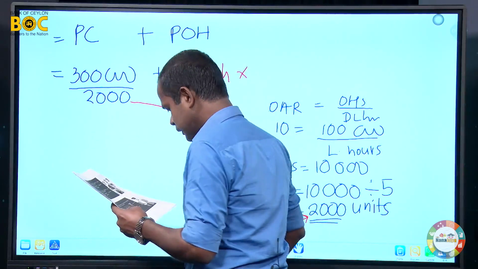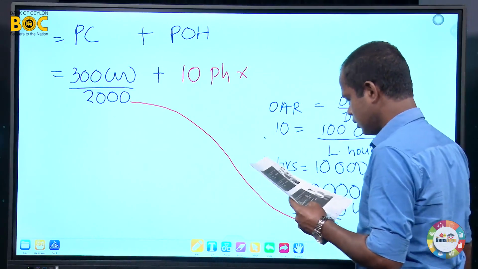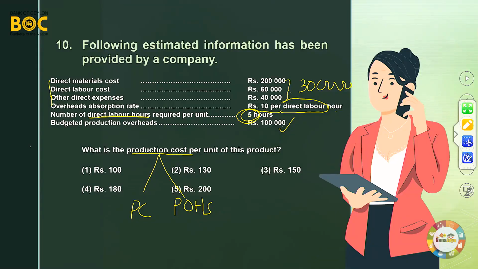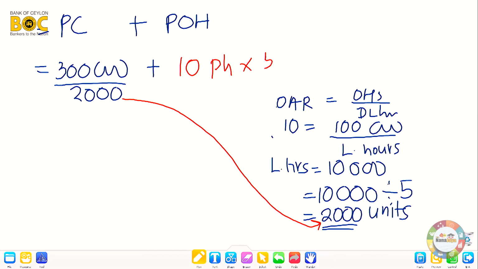Per unit, how many hours do you use? It says 5 hours per unit. So you can calculate the overhead part also.